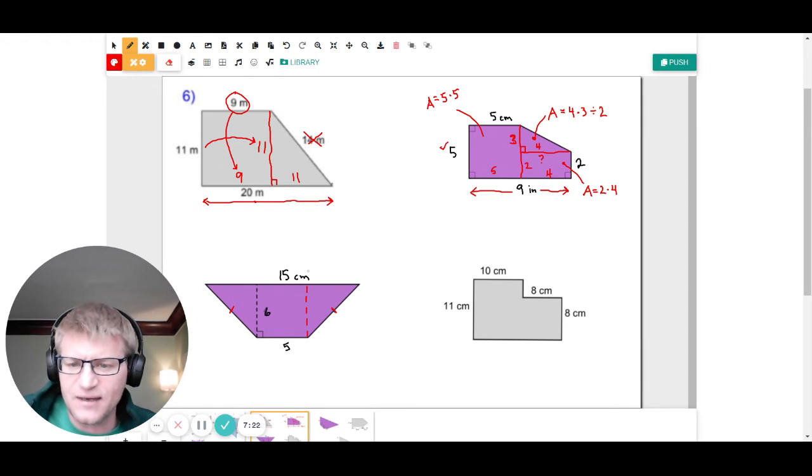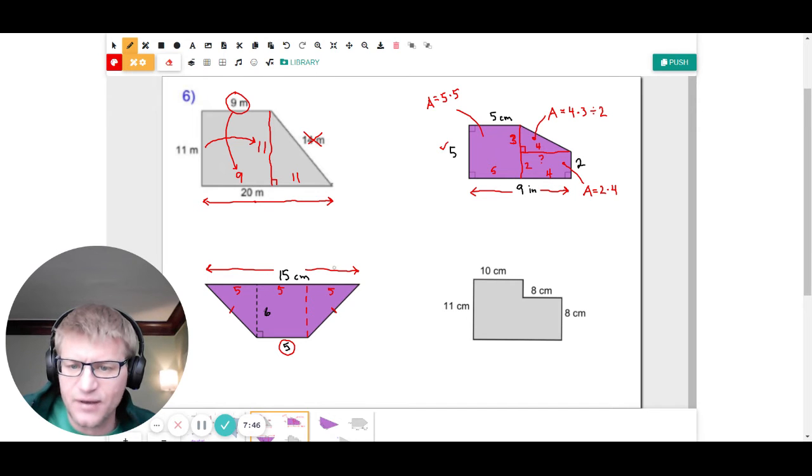So if 15 is going from this edge all the way to this edge, and I know that this down here is 5, that means the line in between here has got to be 5. And that means that these two also have to be equal, because those are equal. It means that this has to be 5, and this also has to be 5.